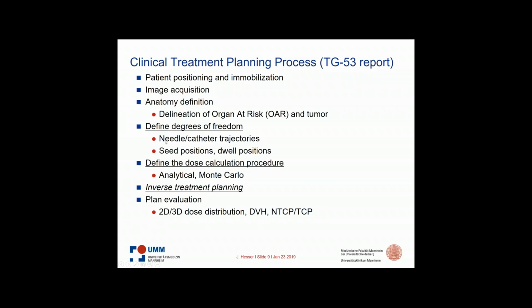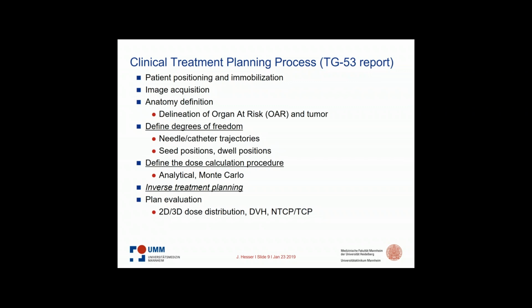In our case, brachytherapy, we have the needles and catheters, which are inserted later. So the trajectories of these have to be defined. And we also have the seed positions in these catheters, or the dwell positions for HDR, which have to be defined as well.